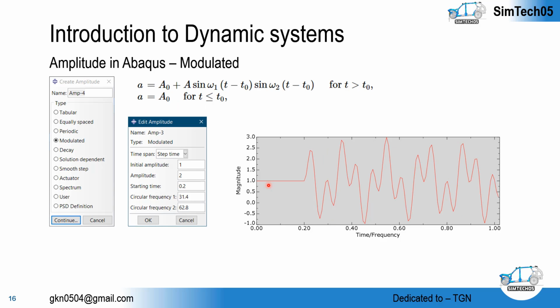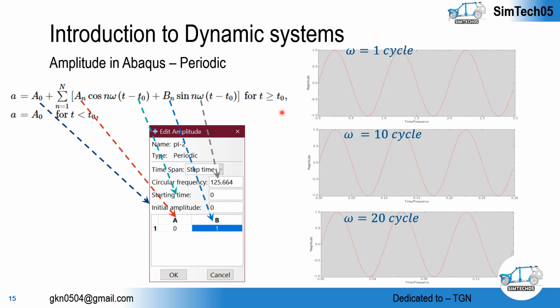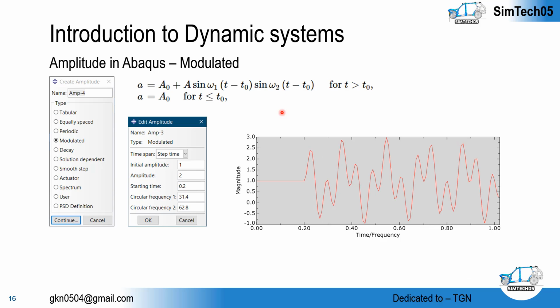So now go to the next one, that is the modulated. It's quite similar to the periodic one, but here you have to define a periodic function, and here you have to define the modulated function for the signals. This is just the application. You may have a modulated curve for many applications. So again, A naught is the initial amplitude, you have to define the A value and the B value.